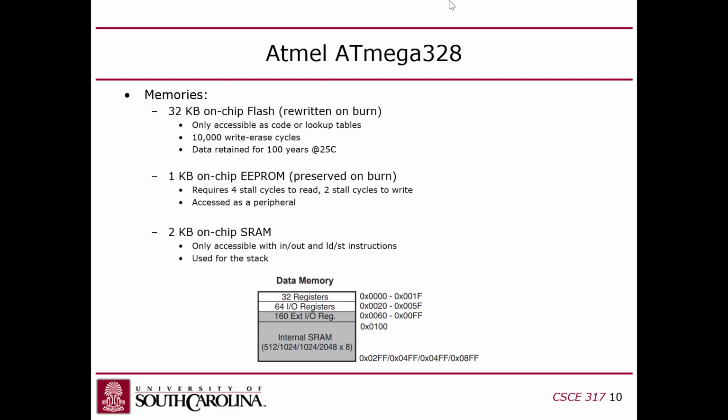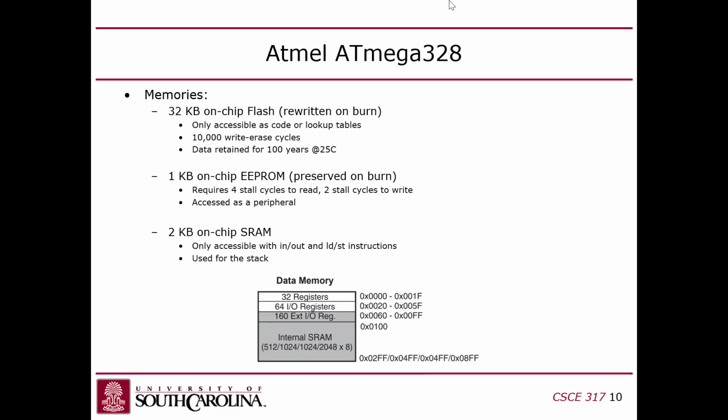So there's the memory map of the data memory. The first 32 locations in the memory are actually the register file. The register file is addressed as if it was memory, right? Then following that, you have 64 I/O registers, which are the status and the control registers that are associated with all of the on-chip peripherals, which I'll talk more about here in a minute.